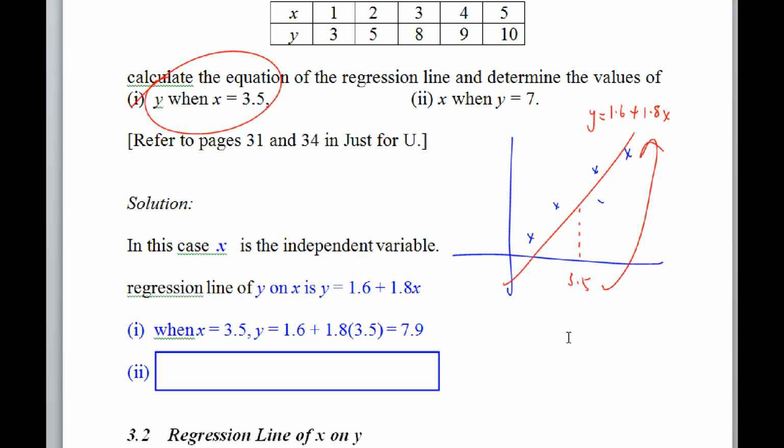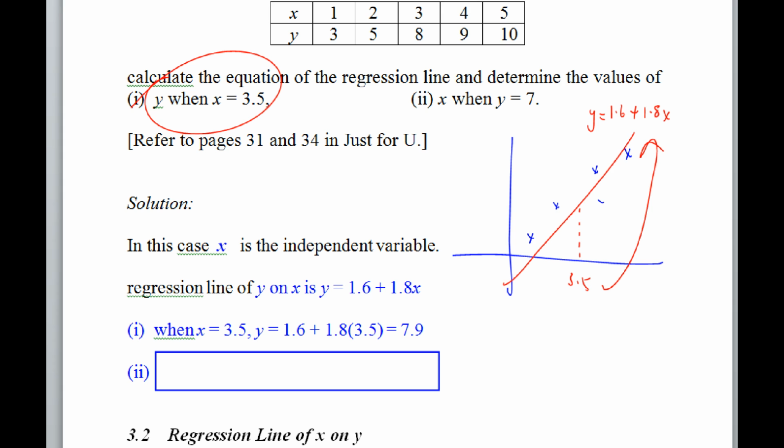So what you are going to do is to ask yourself, this is 7, this is what? You know what I'm trying to say? So you will still use the same regression line to find out what is the value of x.